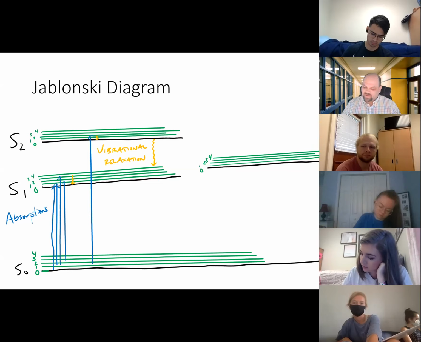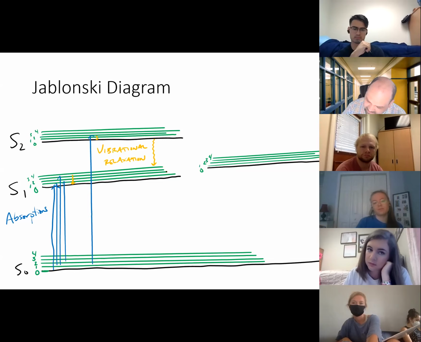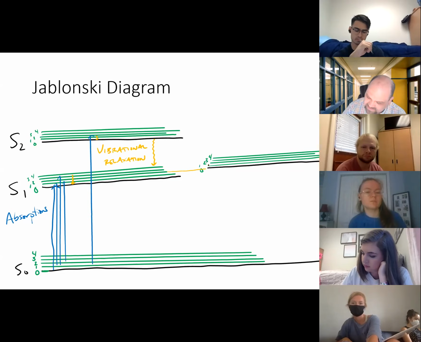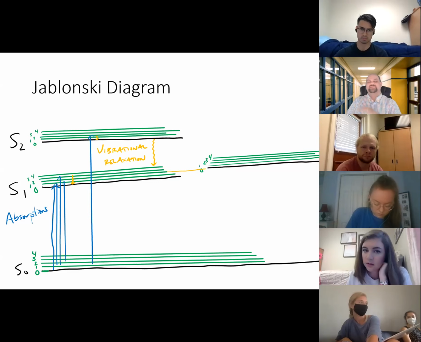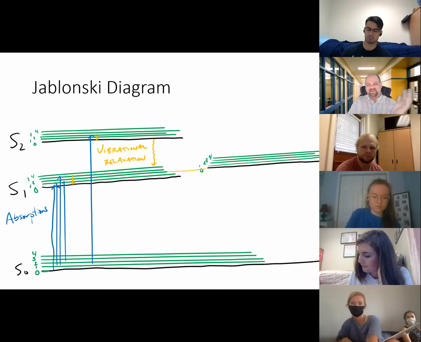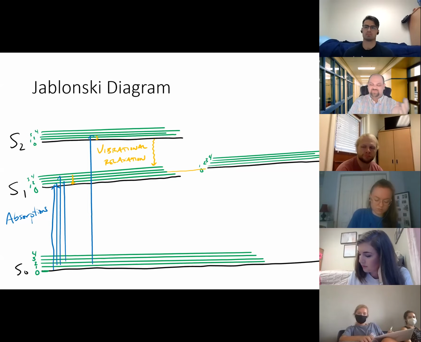Right? We also have a method where this S1 N equals 2 is the same energy as my T1 N equals 0. And it is possible for a molecule to convert from S1 N equals 2 over to T1 N equals 0. Don't write that exact transition down because it's different for different molecules, but generally speaking, from the S1 to the T1.